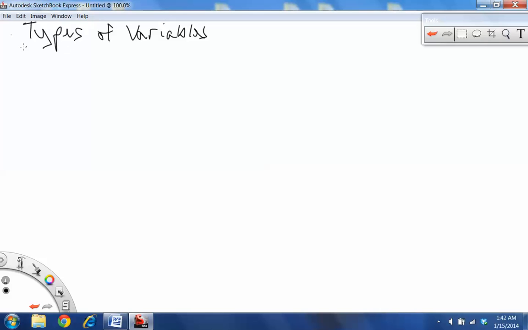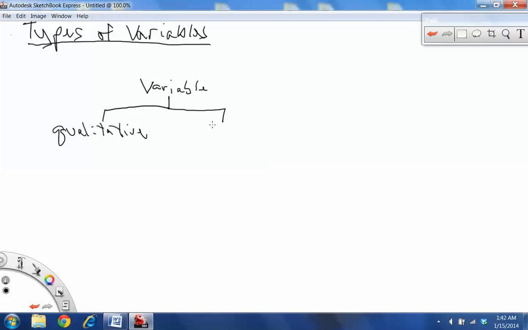Now, again, we're going to be discussing these types of variables. When we have a variable, that's going to be broken down into qualitative or quantitative.